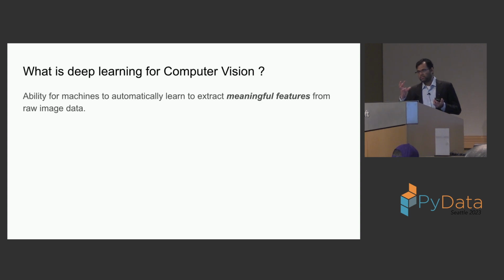Say if you take an image of a dog, you know that the way the dog's eyes, ears, nose are is completely different to any other animal in the world. That's how humans see it, and we are trying to see whether a machine can do the same and generalize it, right? So this is what deep learning is.